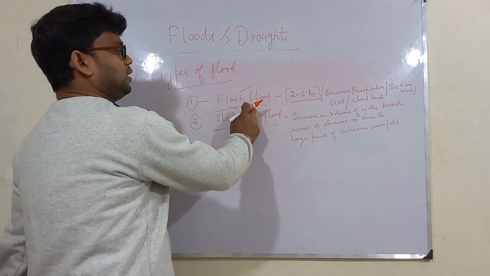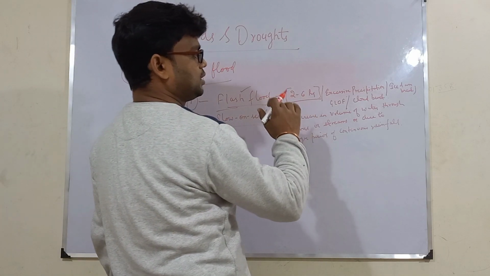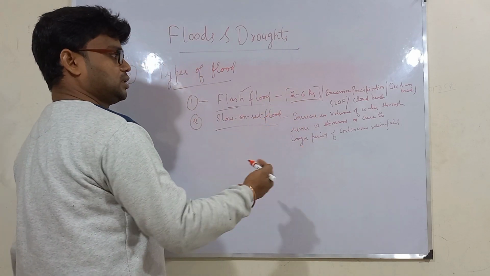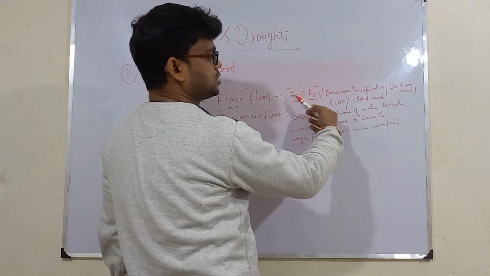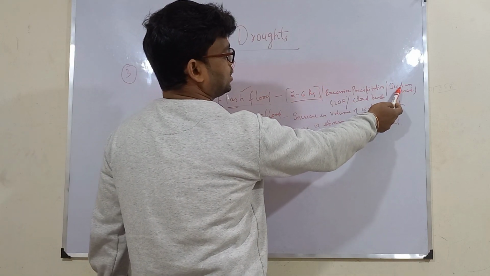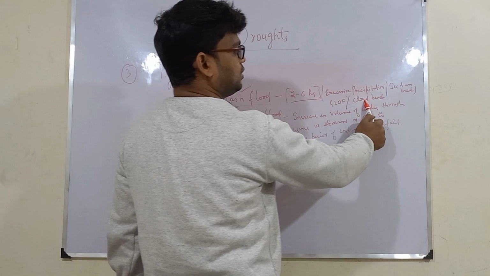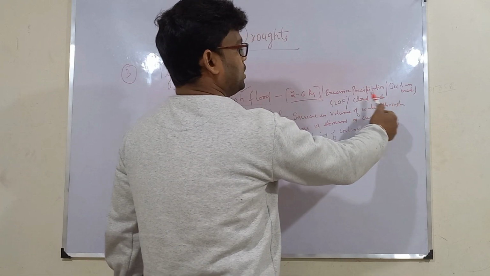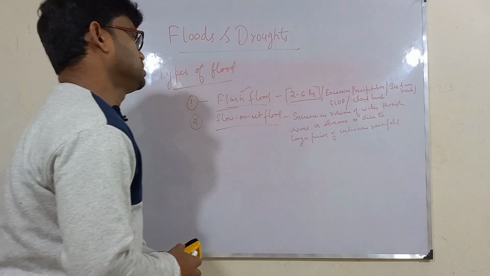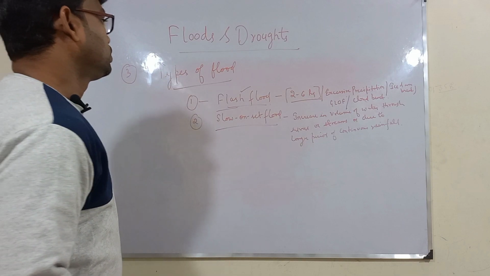While flash flood is generally a sudden increase in the amount of water at a place, say within 2 to 6 hours, and this generally results from a break in the ice dam, glacial lake outburst floods, cloud burst, or excessive precipitation. So these are the two types of floods.